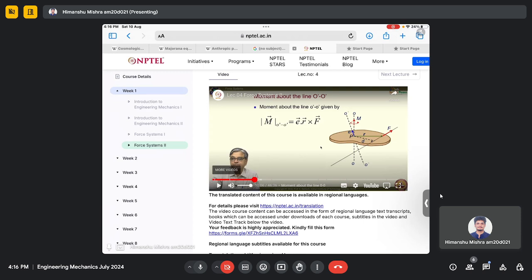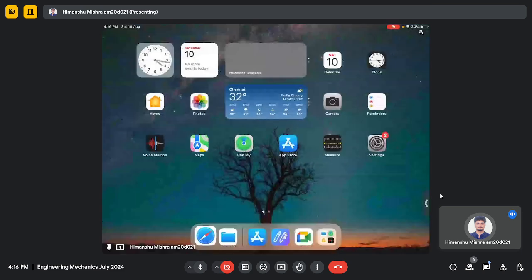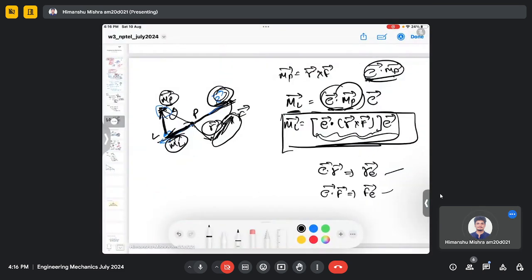I understood your explanation. But you can always use this projection method to define the moment about the other axis. Yes, but does that mean it is wrong?